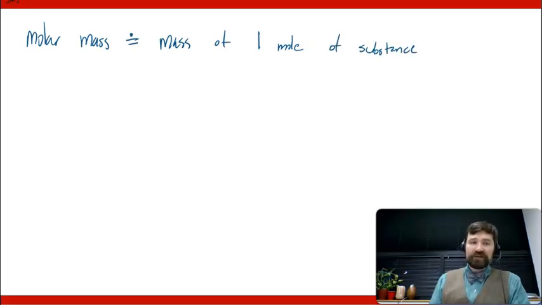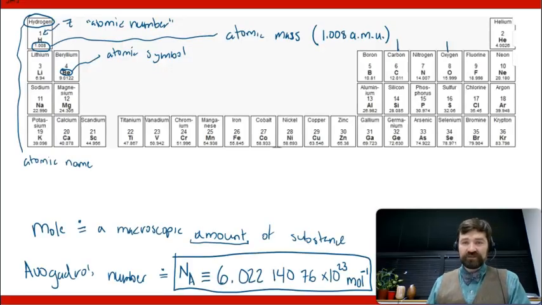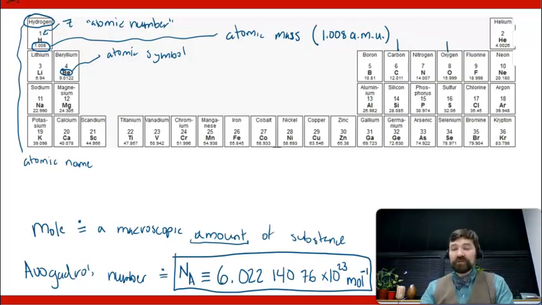Okay, so how is that related to this previous discussion of the periodic table? Well, again, we look at this atomic mass, 1.008 AMU. Well, it turns out that this atomic mass is very nearly equal to the molar mass.